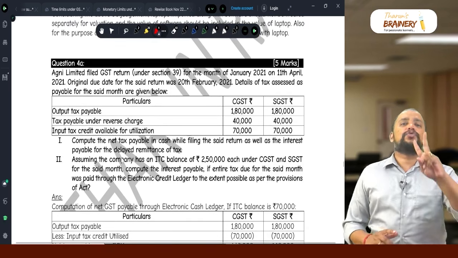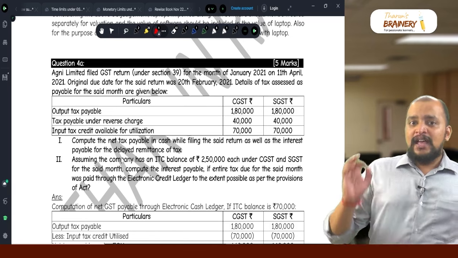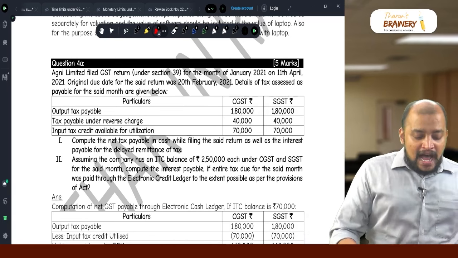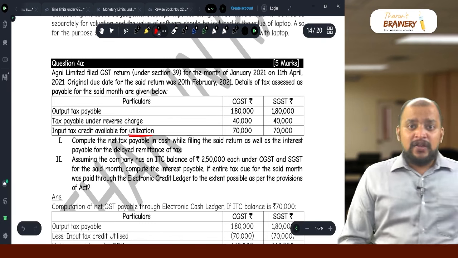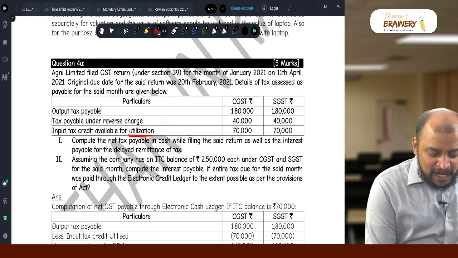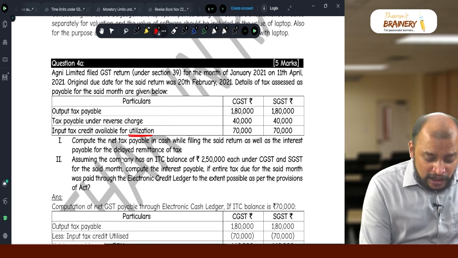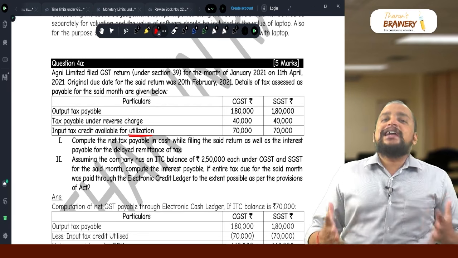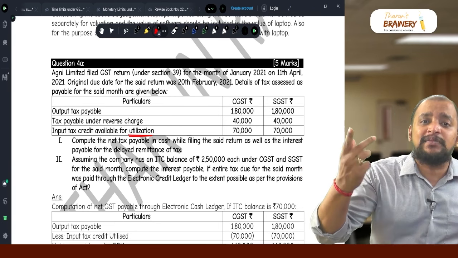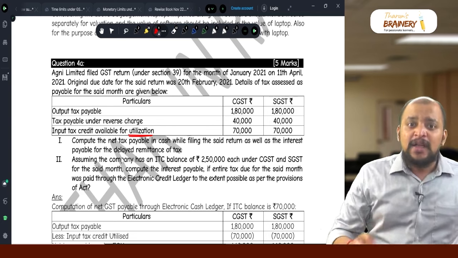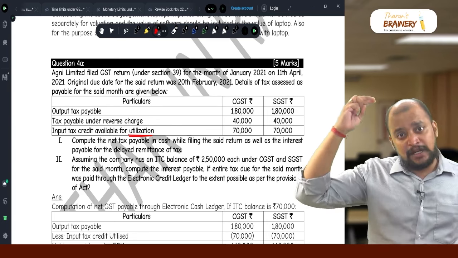Here, there are two assumptions that are possible. Assumption number 1: as they use the words input tax credit available for utilization, the tax payable under reverse charge is included in this. Even the GST paid under RCM can be taken as ITC in the same month, so that is also in the ITC available for utilization.